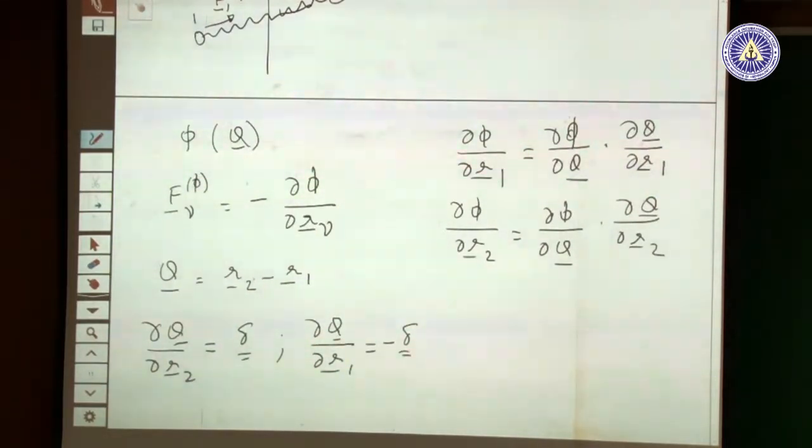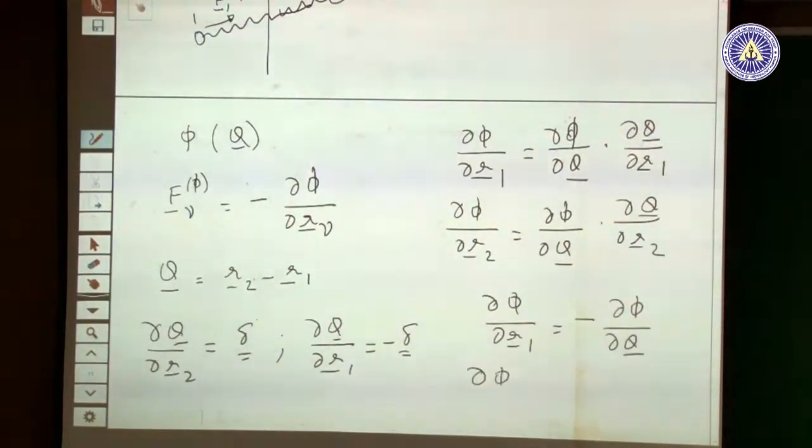So, in other words, del phi over del r1 would be minus del phi over del q, and del phi over del r2 would be plus del phi over del q.